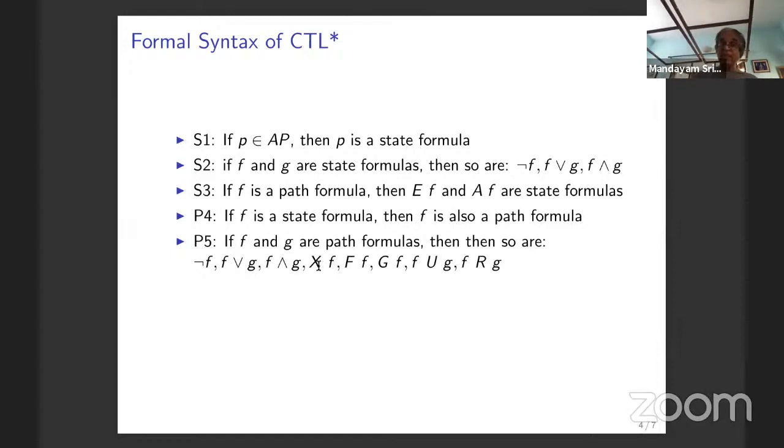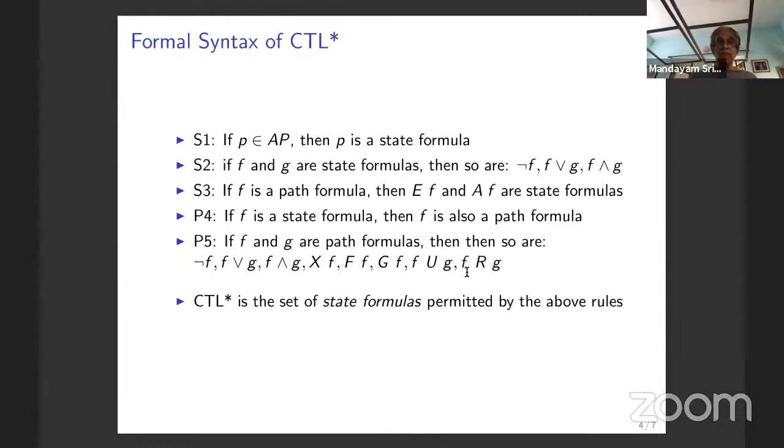This is called the next time operator. This is the eventuality operator. This is the forever operator, until and release. Okay. So CTL star is defined to be the set of all state formulas.